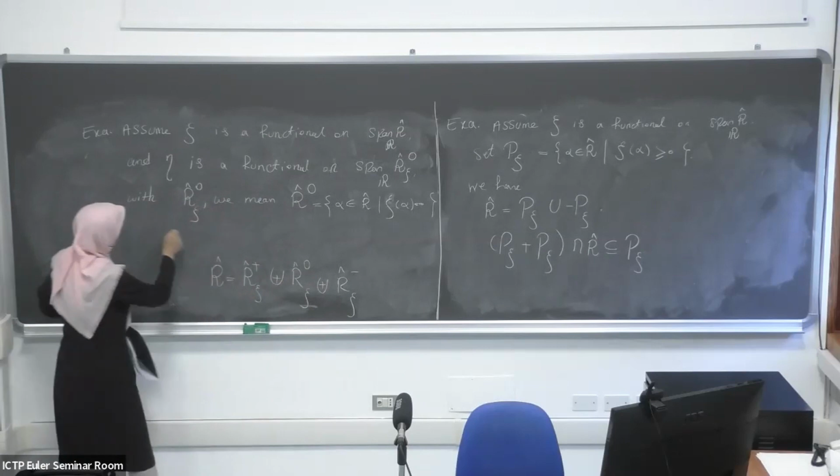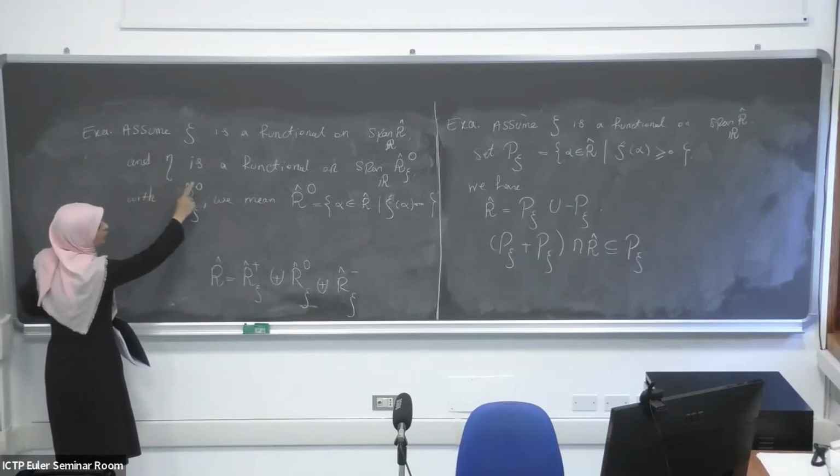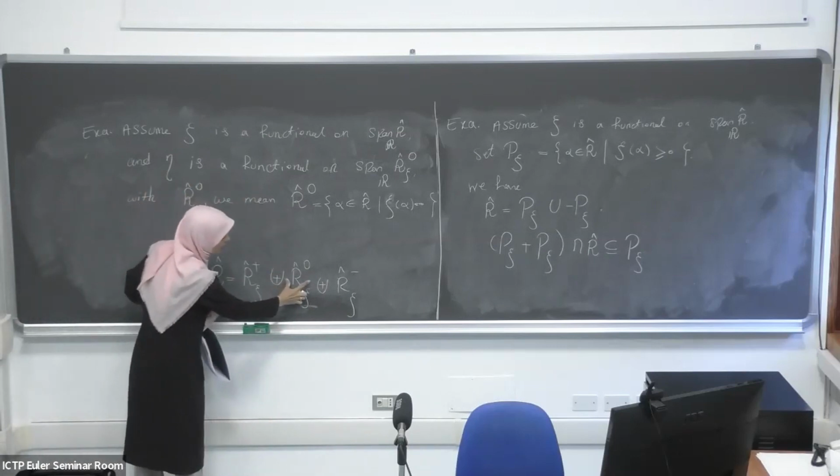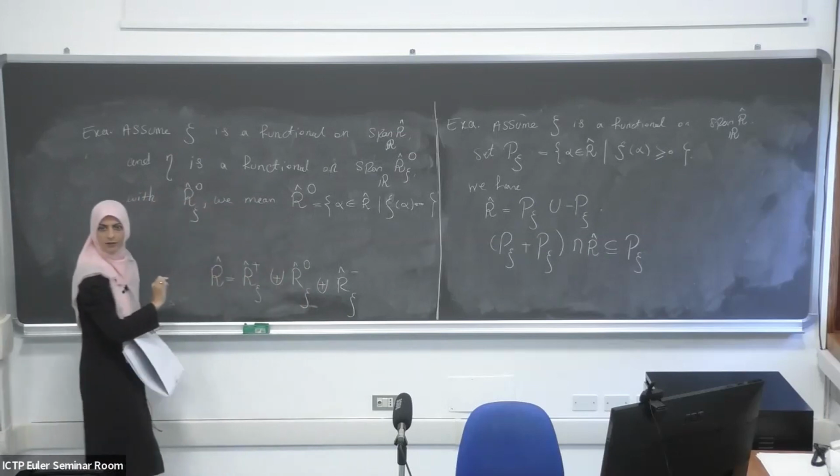And then I consider eta to be a functional on the span of this part, right?